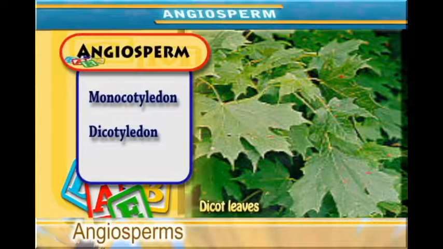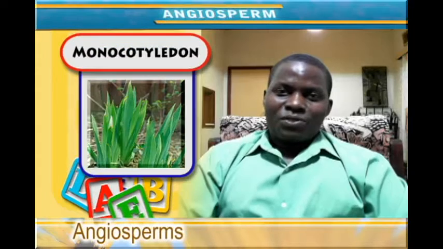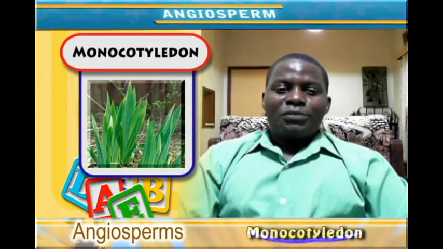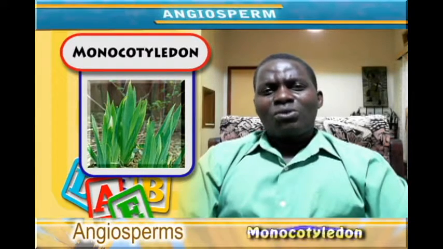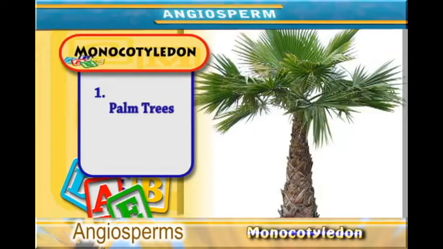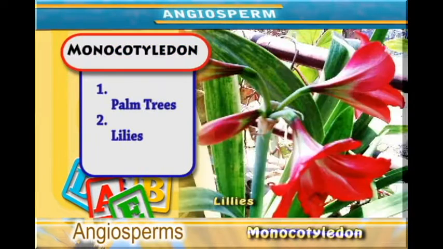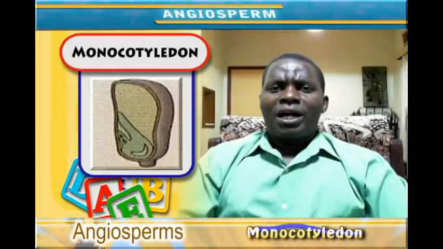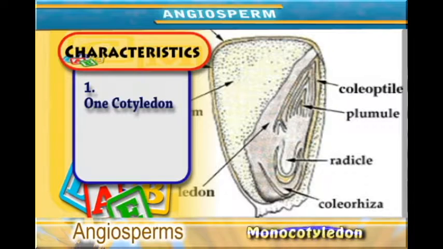We want now to look at the monocots first. You find that the monocots include most of the grasses, the palm trees, and lilies. They are the main examples. Some of the specific characteristics of the monocots are that they have only one cotyledon.